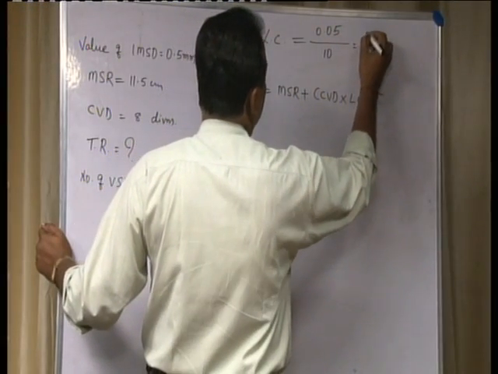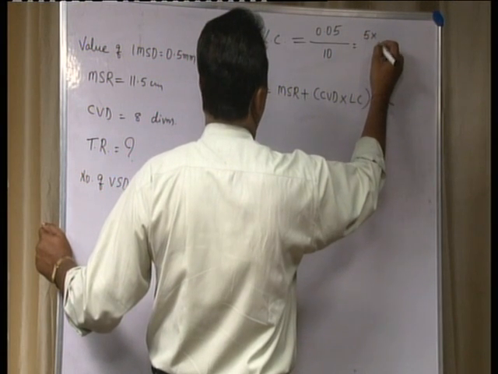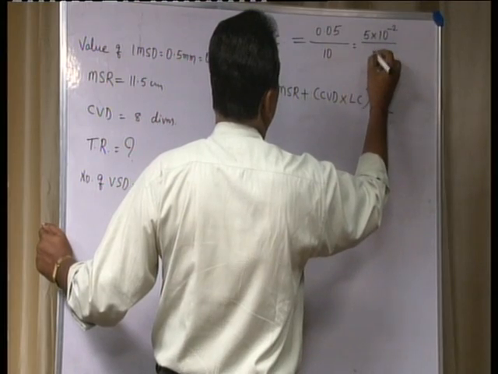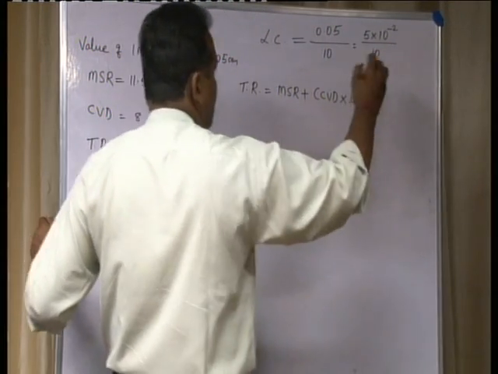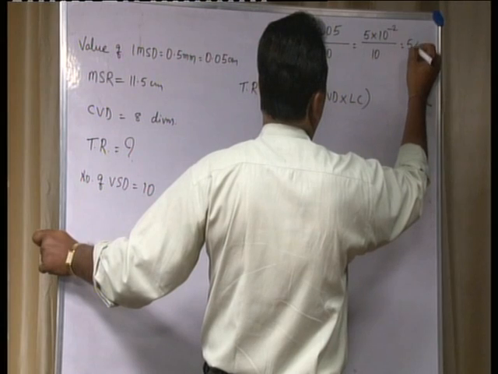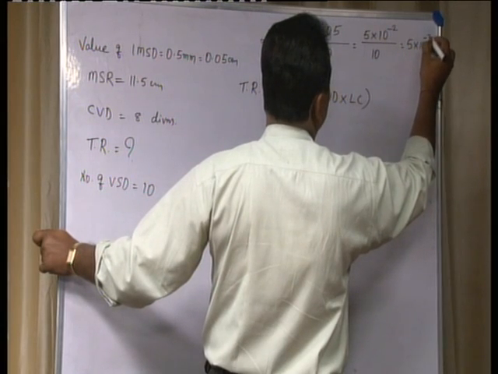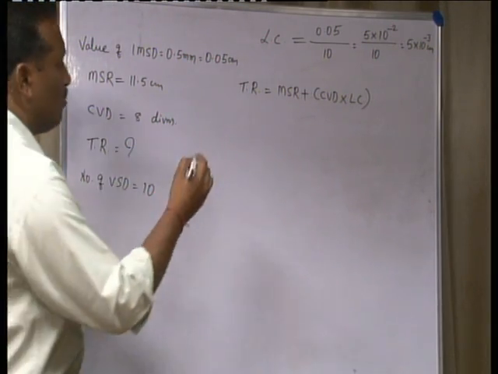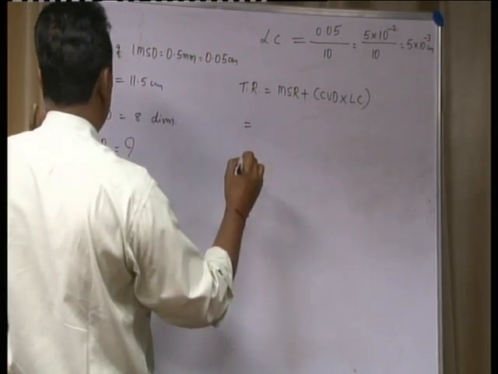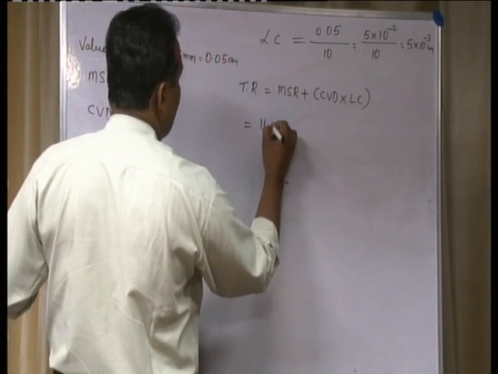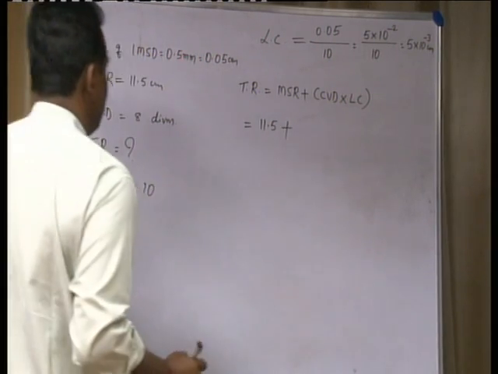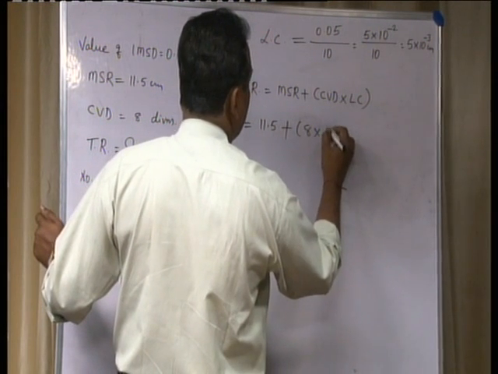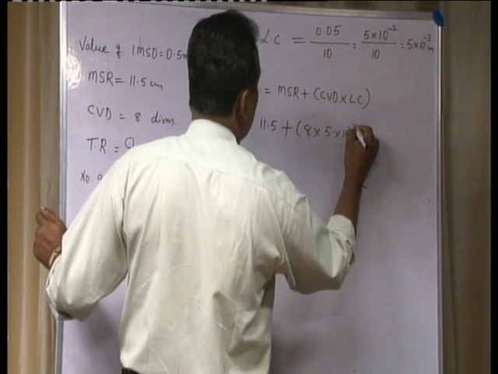So, by following the previous convention, you can solve it. 5 into 10 power minus 2 divided by 10. So, when it goes to the numerator, it is 5 into 10 power minus 3 centimeter is the least count. So, now coming to what is the MSR here? MSR is 11.5 centimeter plus CVD is 8 divisions into least count 5 into 10 power minus 3.